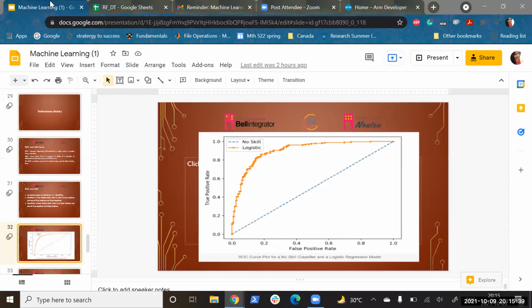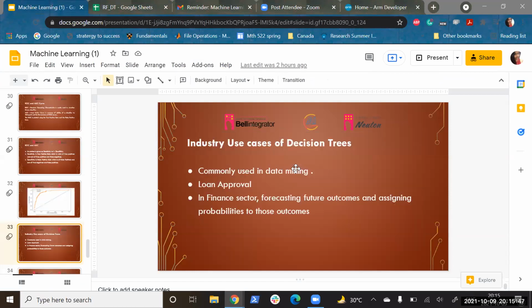So now that we have done the calculation of ROC, let's see. As we have discussed already the industry use cases of random forest, but I forgot to tell you about decision trees. Decision trees are widely used in data mining, and they are used in loan approval.